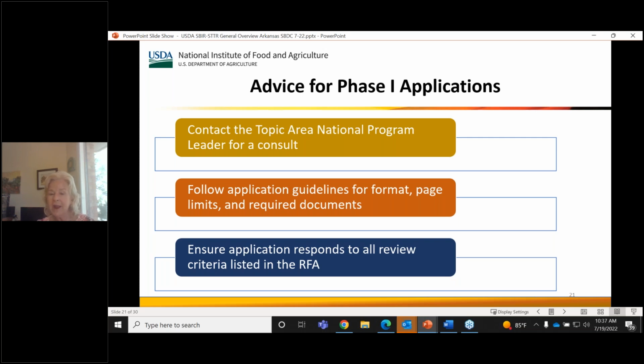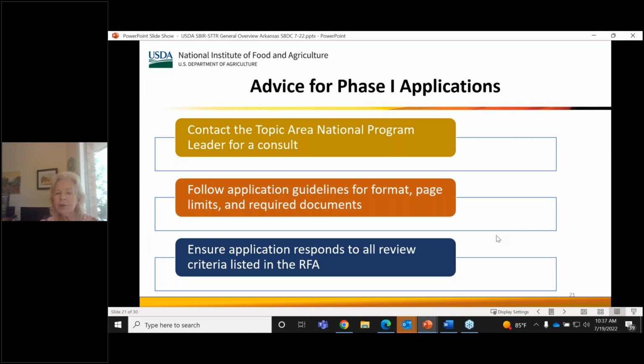In the new RFA, we worked very hard to make it very clear what the formatting guidelines are. And the other piece of this is the required documents. Make sure that they're in the correct format. If it calls for a PDF, then make sure it is in PDF format, and make sure that you have attached all the required documents, because if you're missing one, that can also knock you out of the process.